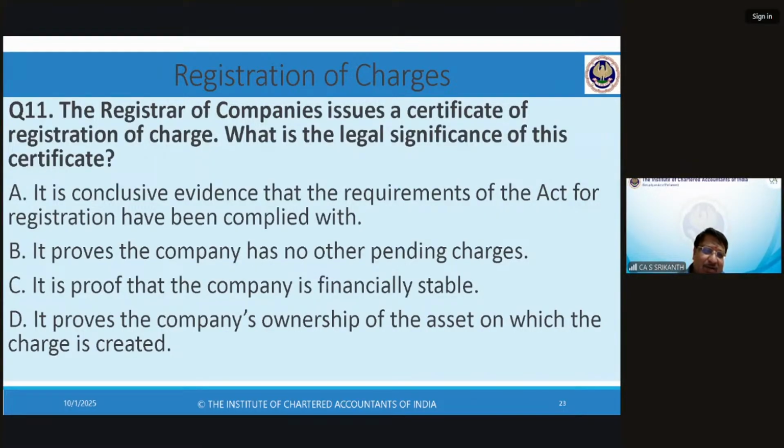C is a beautiful answer: this proves that the company is financially stable. Nothing is a proof of financial stability, because financial stability is a moving target. Any decision can affect the financial stability at any time. There's no permanent certificate. Even when I certify the balance sheet, I only certify; I do not certify financial stability.